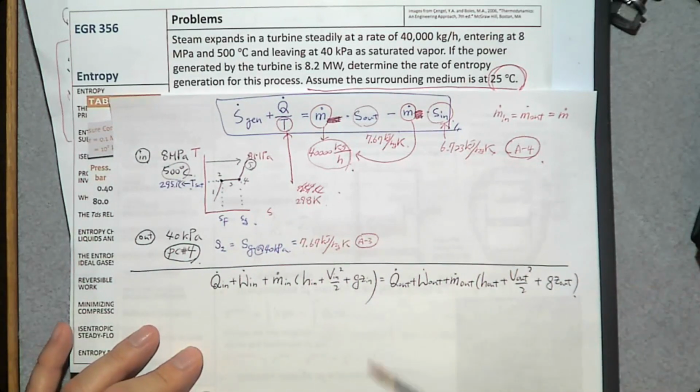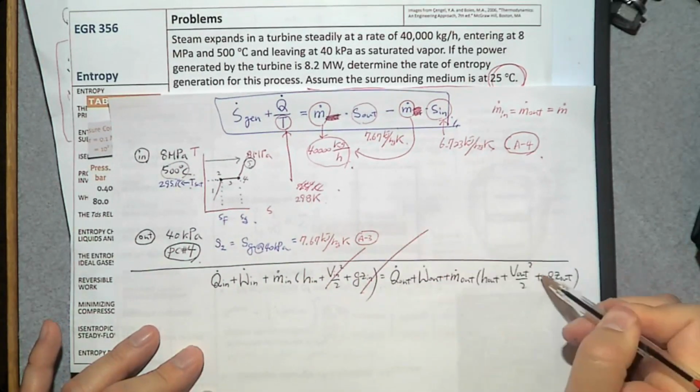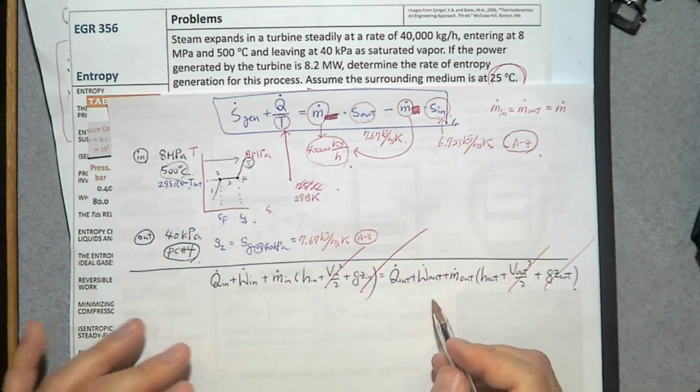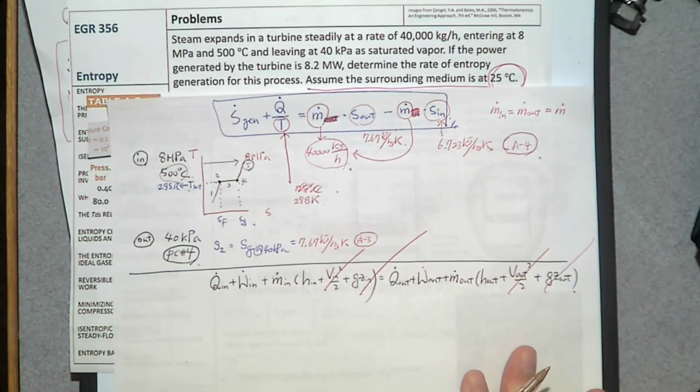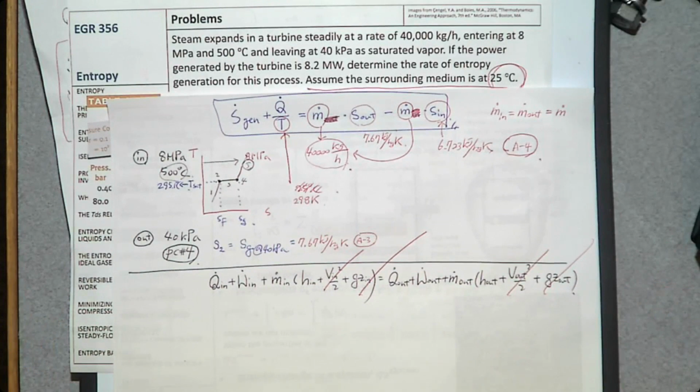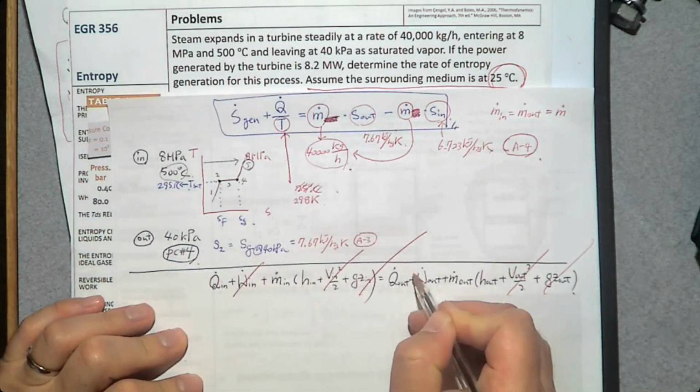So first of all, you know that we can neglect kinetic energy change and potential energy change, and this is a turbine. When you have a turbine, is there W in? No, turbine is a device to produce work. So we have W dot out. We don't have W dot in. We have this one.